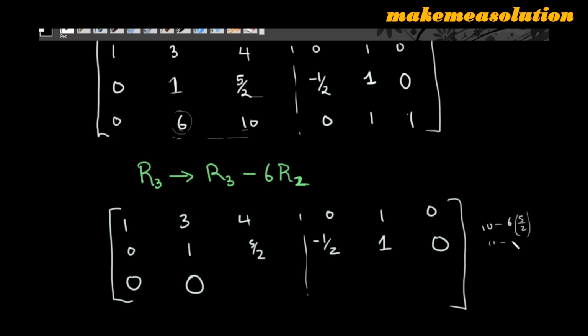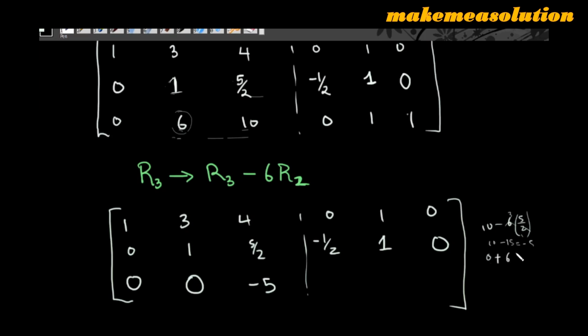That is 10 minus 6 into 5 over 2. 2 here, 1, 2 here, 3. And 3 times 5 is 15, so 10 minus 15 is -5. Okay, -5 here. Are we together? So in this place you have 0 minus, take note, 0 minus minus, which is 0 plus.